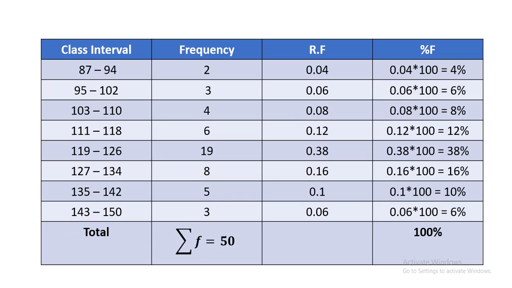Since the sum of relative frequency is 1, the percentage values should always sum to 100%. So if you add all these percentages, you get 100.